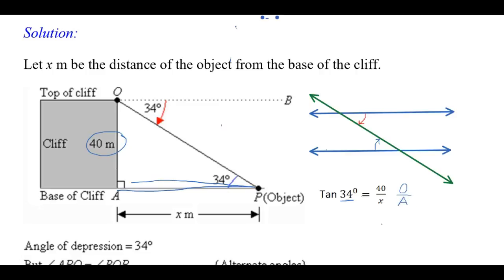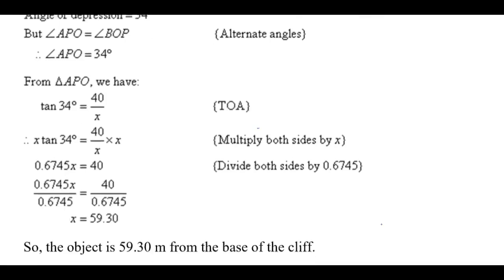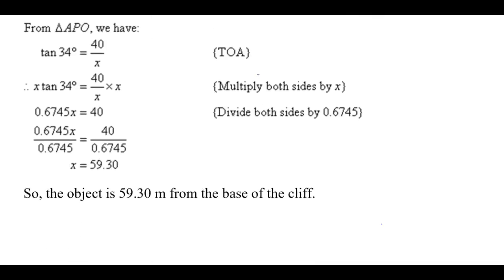So going away from the picture for a minute, let's do the math. You've got the tangent of 34 is equal to 40 over x. You're multiplying by x on both sides in order to get rid of x. Then to calculate, make sure your calculator's in the correct mode. This number is the tangent. You can also look at a table.